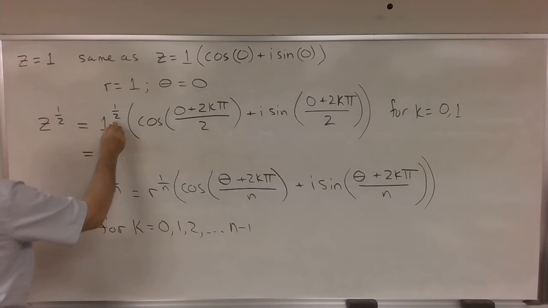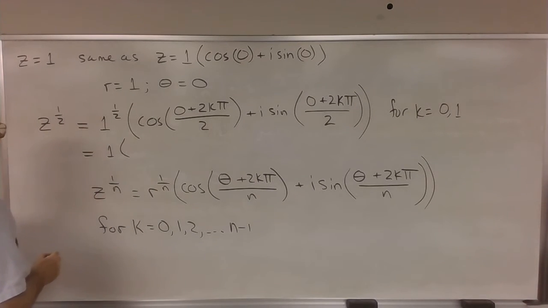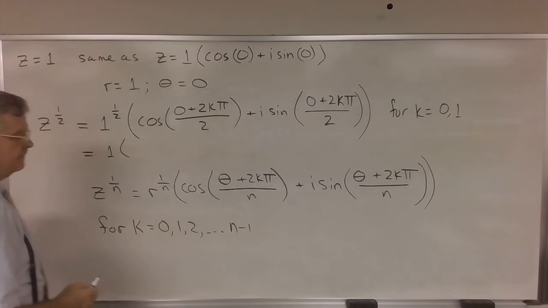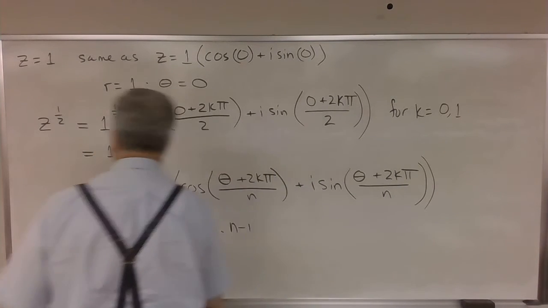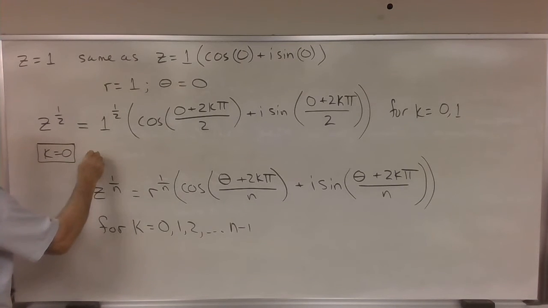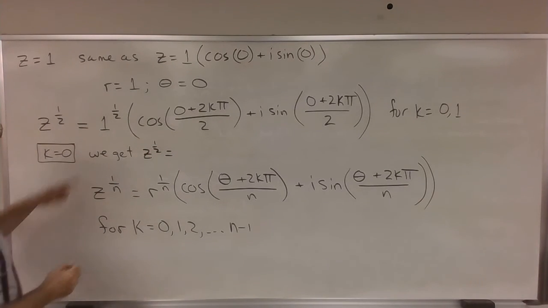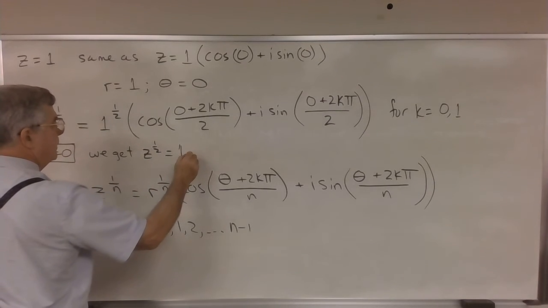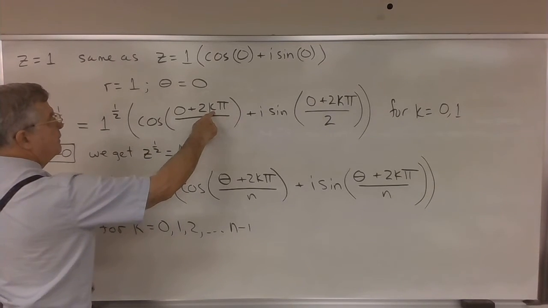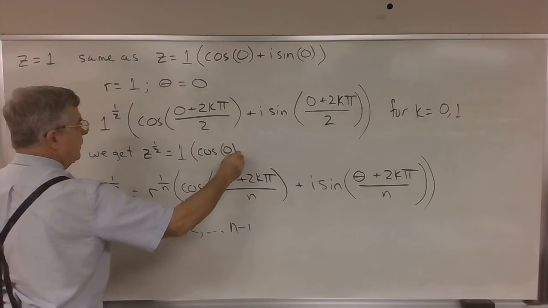Okay, the real square root of 1 is just 1. Let me back up a second. For k equals 0, we get z to the 1/2 equals 1. k is 0, so this is just 0 over 2, which is 0.